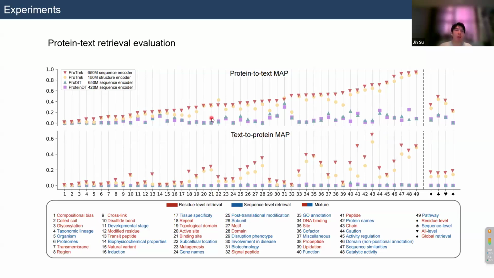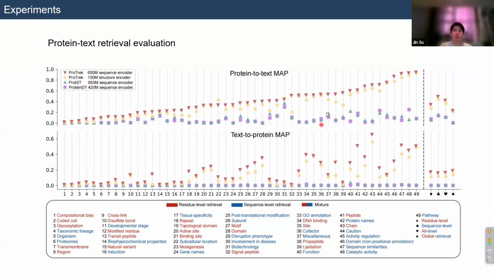You can see, compared to previous baselines, i.e. ProST and ProteinDT, they also used the descriptions in UniProt to train their models. However, they only include 3 to 4 subsections, such as protein functions, protein names, or protein similarity. So they did not include so many subsections for their pre-training, and you can see their performance is worse. In most subsections, their retrieval accuracy is close to 0.